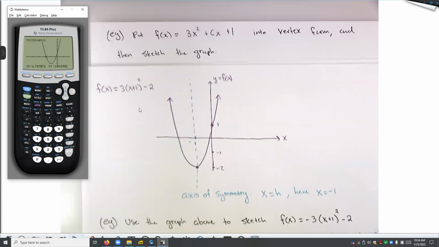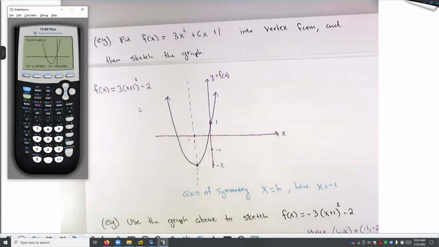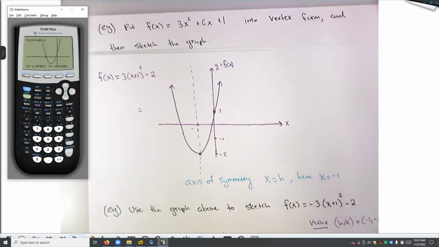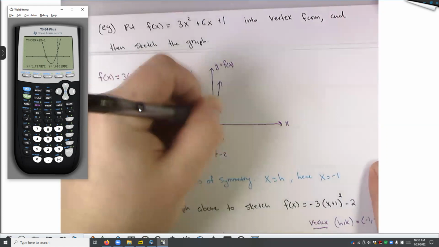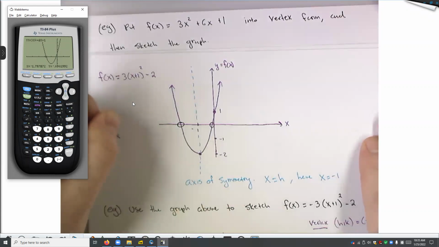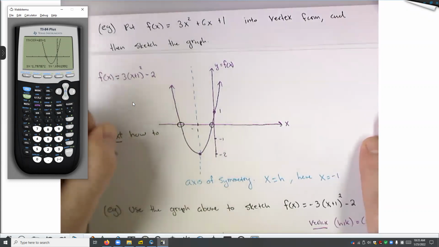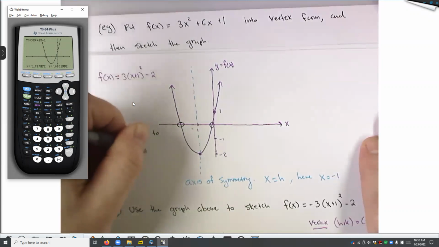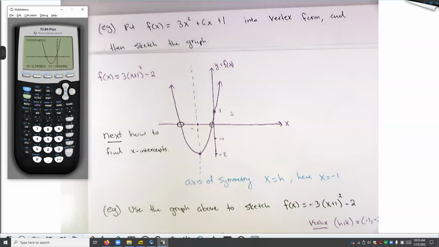What I would like to start talking about now is how to find the x-intercepts. These are the points where the graph crosses the x-axis, and those can be a little bit tricky to find. To be clear, y-intercepts are always easy to find.